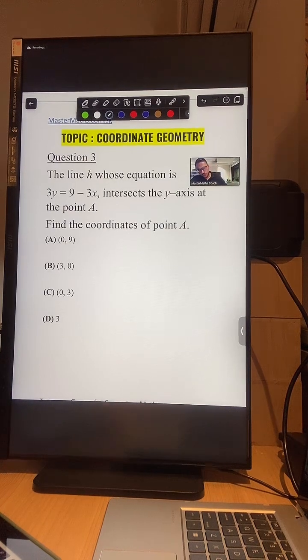Okay guys, so in coordinate geometry, when we talk about lines, all these lines have an equation to them. I don't know if you remember, in my first lesson 2 weeks ago, we went through quadratic equations.